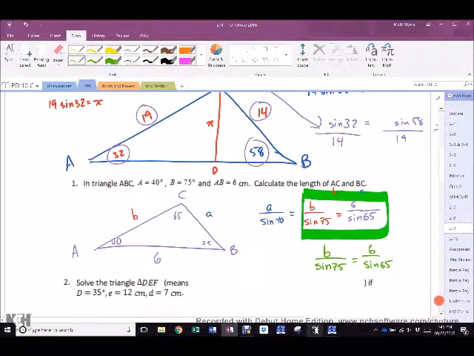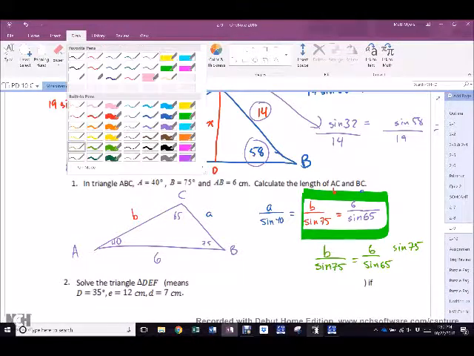What is your job whenever you see a variable? Isolate it, yes? So how are you going to get this sine 75 out of here? You're going to multiply both sides by sine 75, aren't you? It's going to be over here, yes? So 6 times sine 75 divided by sine 65, yes? Will that get me b? Yes, it will. It's algebra, right?